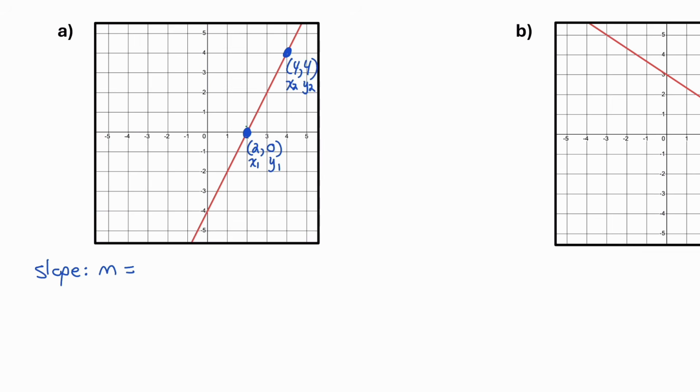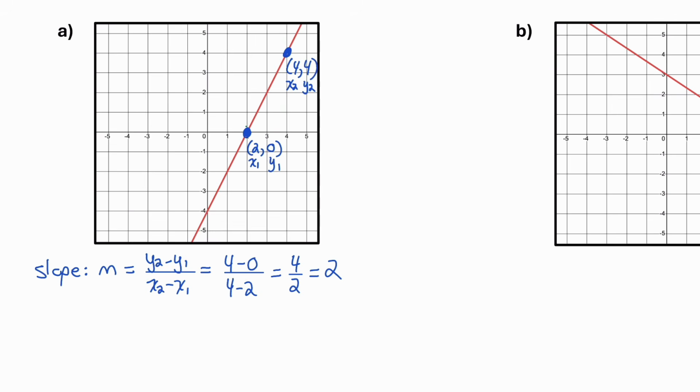And to find the slope, I can use the formula y2 minus y1 over x2 minus x1. Subbing into this formula, y2 minus y1 would be 4 minus 0, and x2 minus x1 would be 4 minus 2. That simplifies to 4 over 2, which is 2.